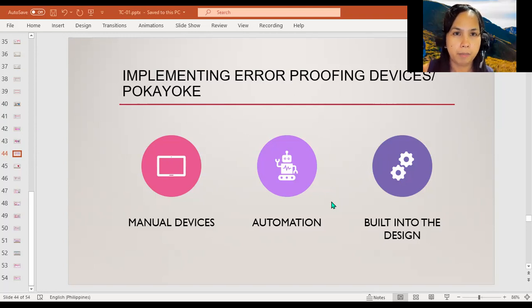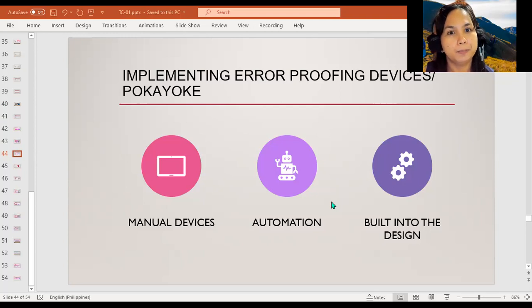Now, once the problem has been contained, we should immediately enter into problem solving mode in order to identify countermeasures that result in the creation of a Poka Yoke device or even multiple devices. And third, we should continuously strive for zero defects.